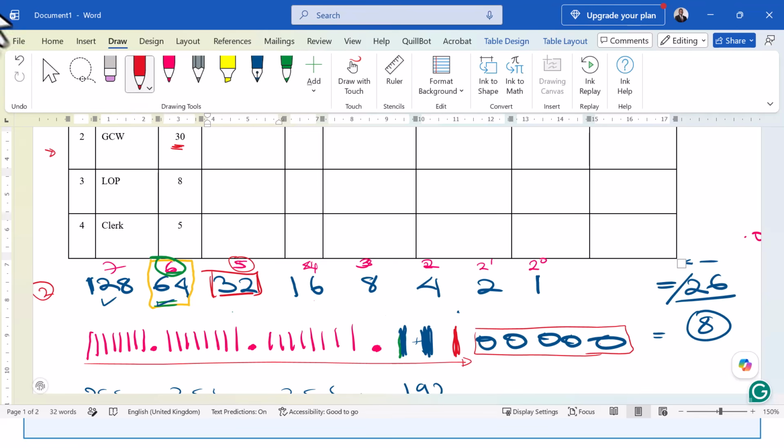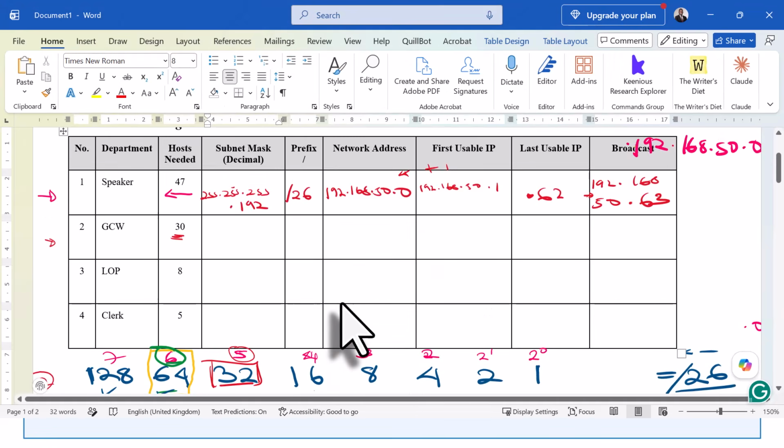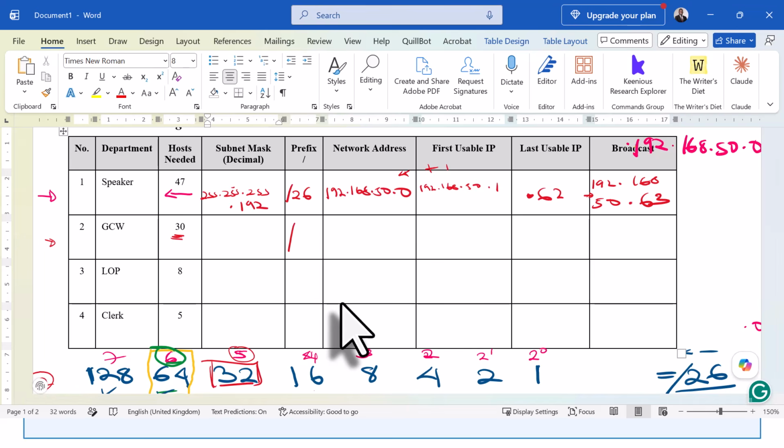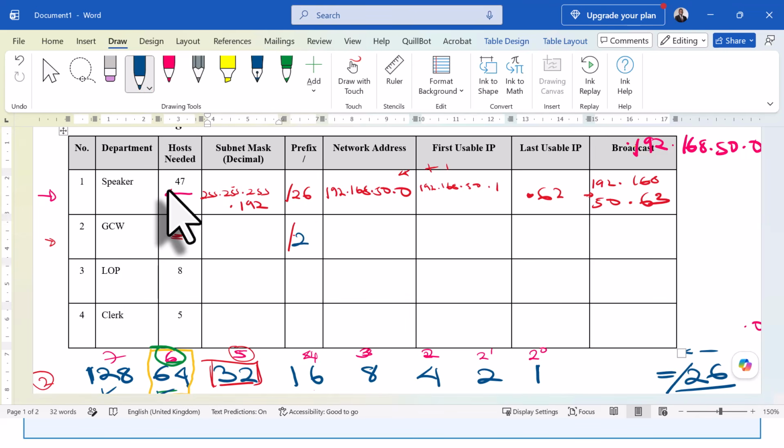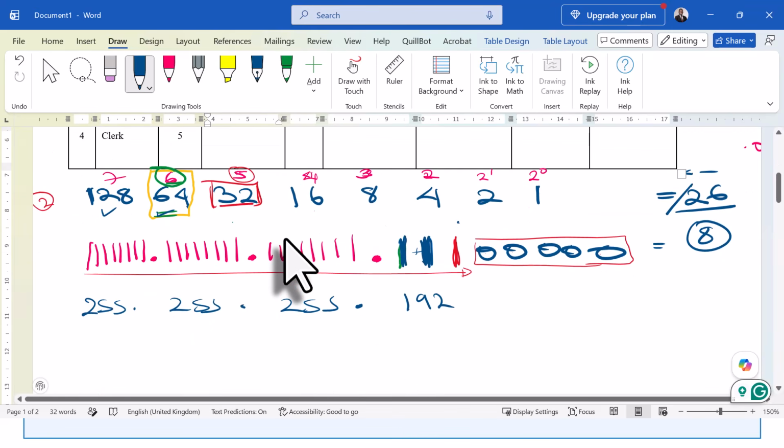So our new prefix here, members, is going to be /27, because we have added one more that we have borrowed. We can even get the subnet mask here already. Here we added 128 plus 64 plus now 32.